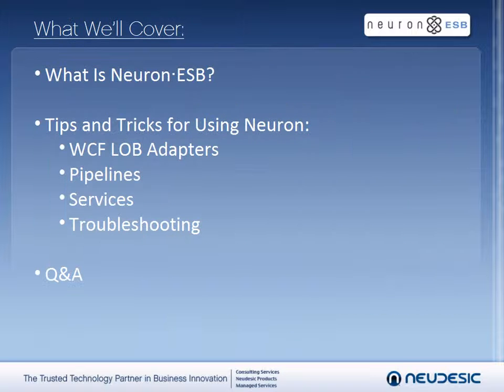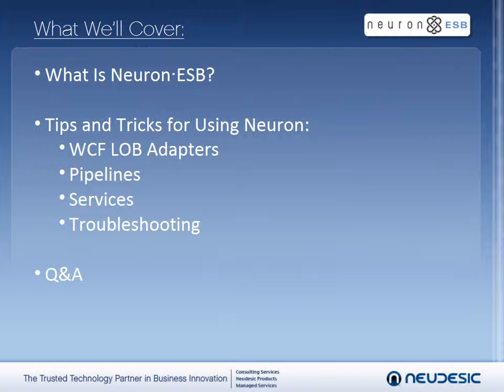We put together an agenda today. What I do want to do is cover what is Neuron ESB briefly, just in case some folks don't quite know. Then we'll go into the actual product demonstration around the tips and tricks. Specifically, we'll cover the WCF LOB Business Adapters, how you might use those with Neuron, what they are.